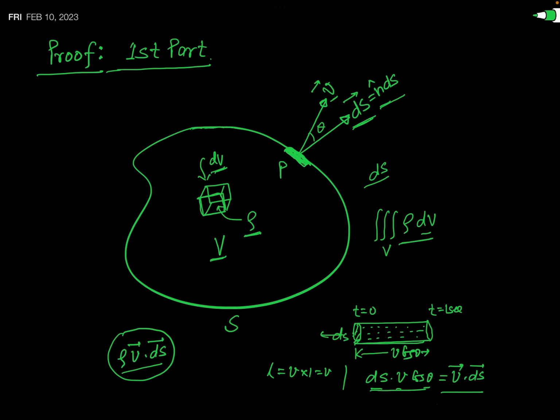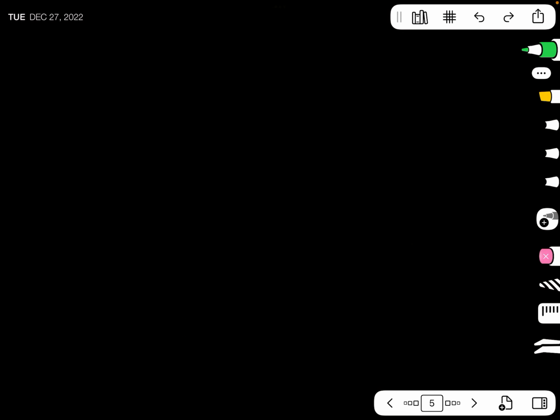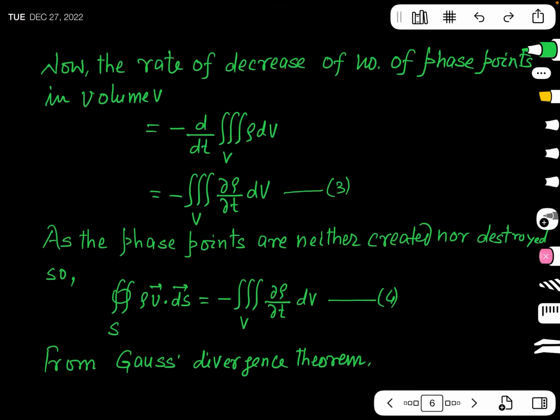The negative sign only represents that this number is decreasing, and so the number of phase points decreasing per second inside the surface will be equal to what? That will be minus d/dt integral over V of rho dV. Okay. This is the number of phase points that decreases in 1 second inside the surface.